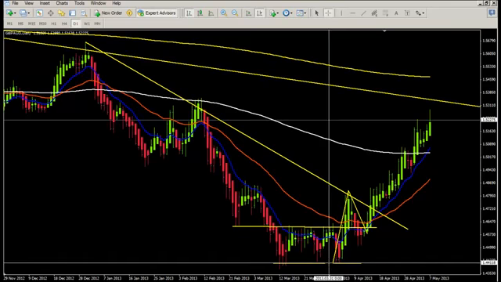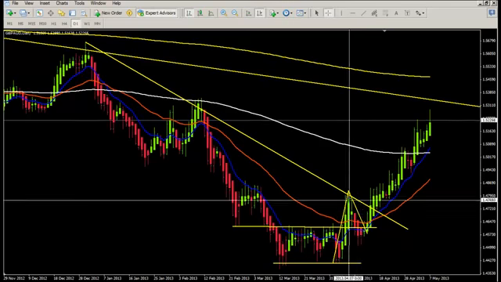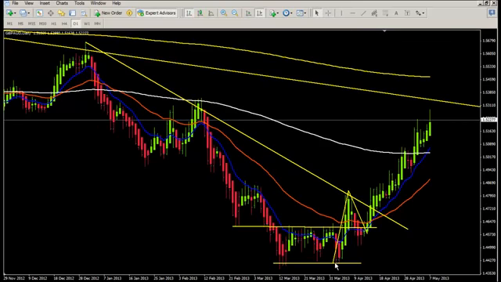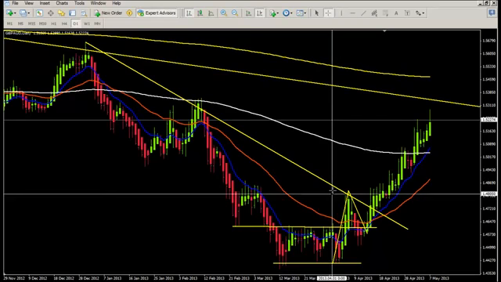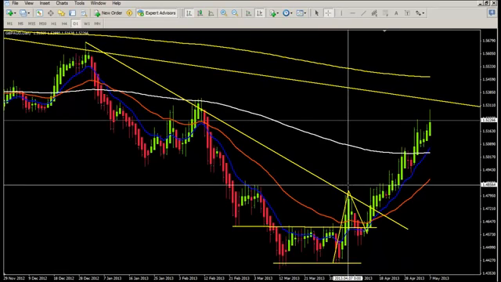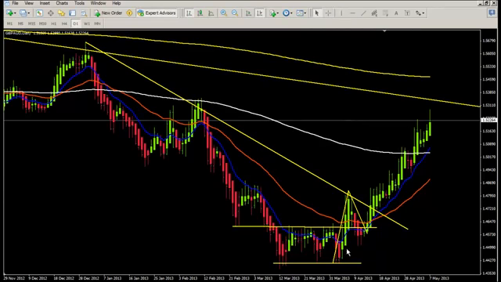That is what we call here our higher low, after that higher high. So what you have here is point 1, the lowest point on the chart, point 2, the new high, and point 3, the higher low, for an uptrend setup.